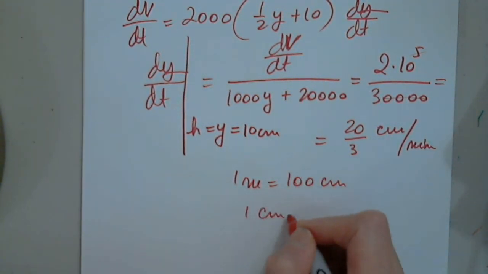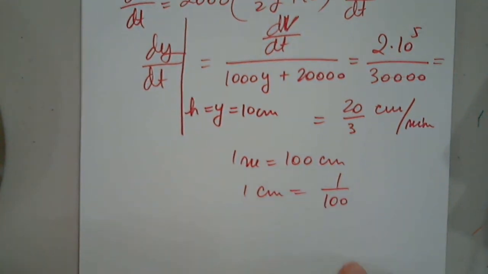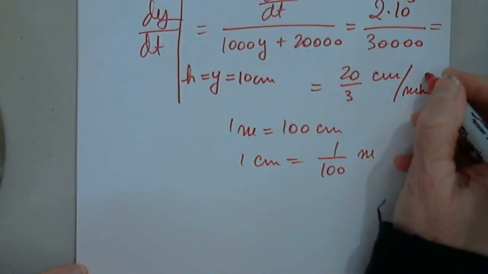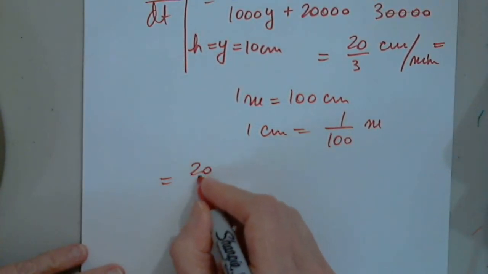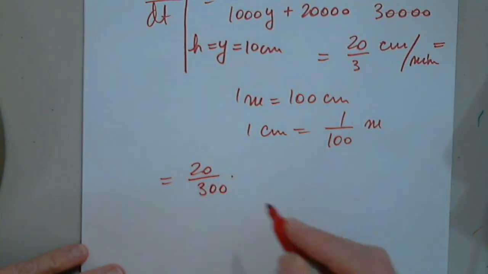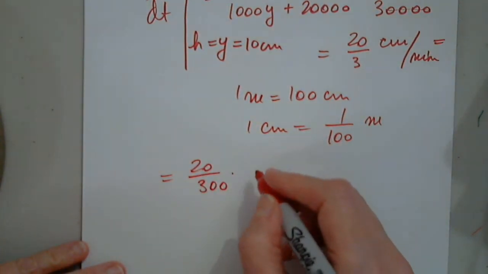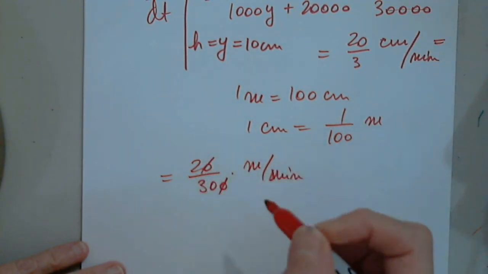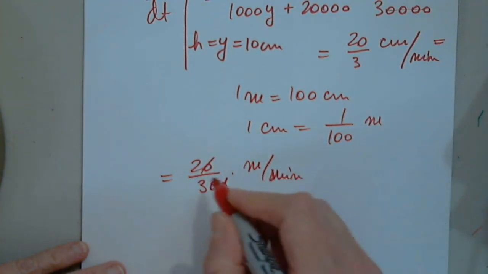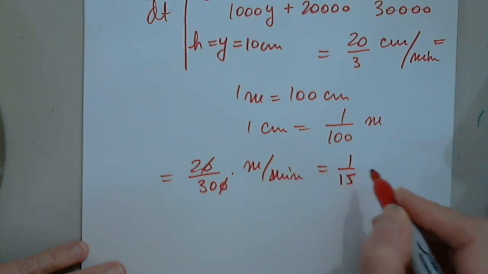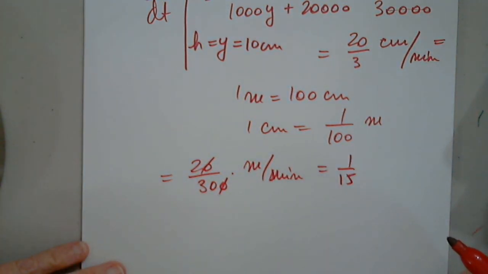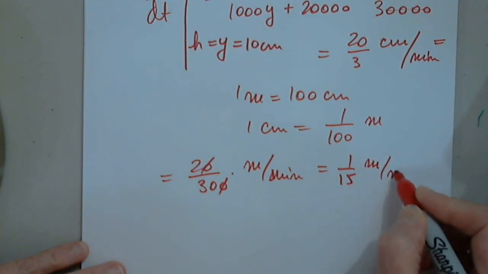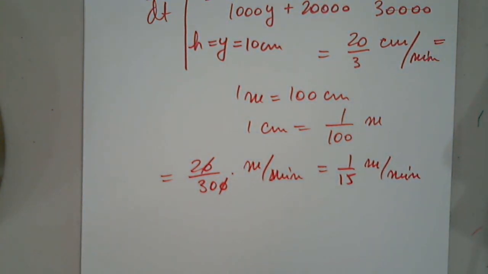So 1 centimeter is 1 over 100. That's fine, meters. So then I have to go back and change it: 20 divided by 3 times and divided by 300. And now this is in meters per minute. So you simplify, and 2 over 30, so it's 1 over 15. Meters per minute.